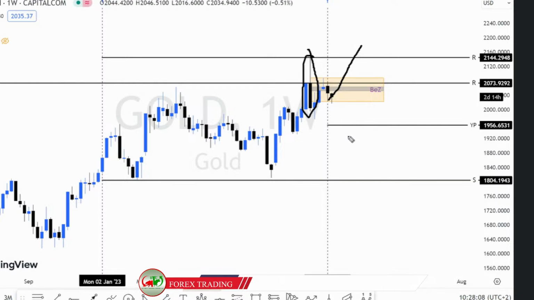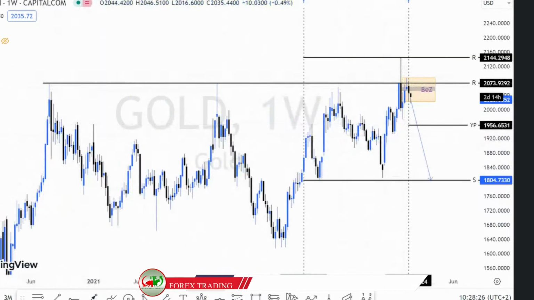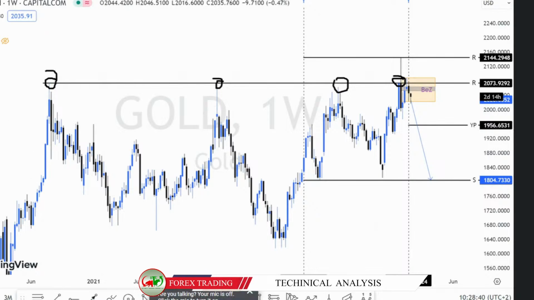So overall, for this first quarter of 2024, we are bearish because we cannot look for buy opportunities at a strong resistance here, which has been tested about 4 times. And this false breakout, of course, is a bearish signal for me.